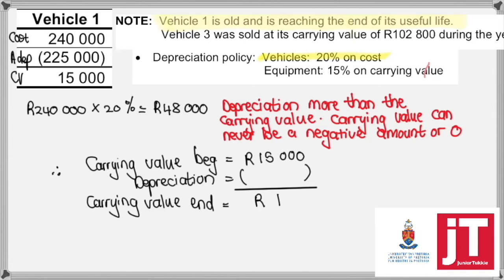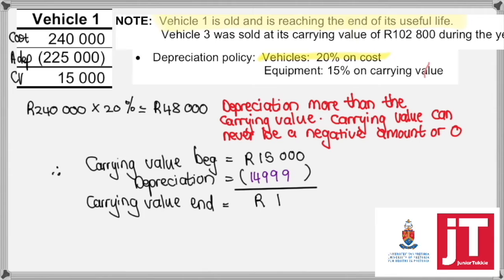It can never be a negative, it can never be a zero, so then our carrying value at the end should be 1. So to find out the depreciation for the year, we take 15,000 minus 1, and that equals 14,999.